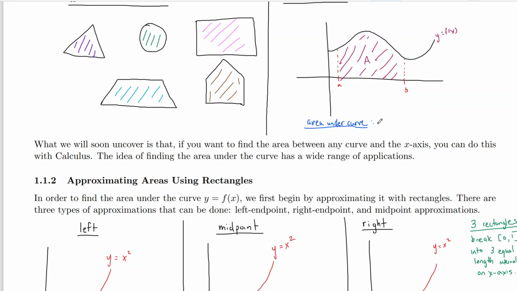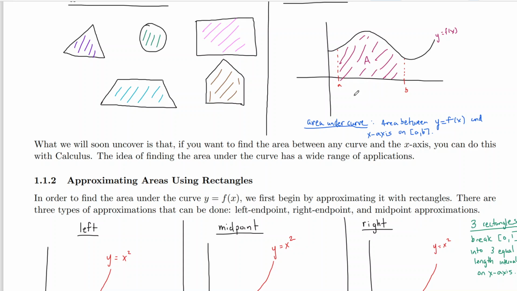But for this section, area under the curve means that we want the area between y equals f of x and the x-axis. So we specifically want the area between those on the closed interval a to b.